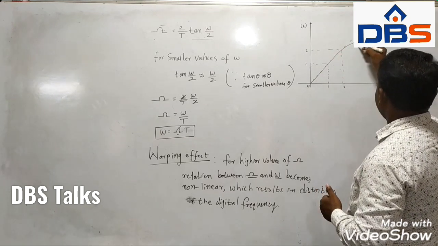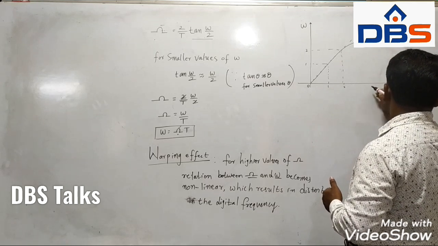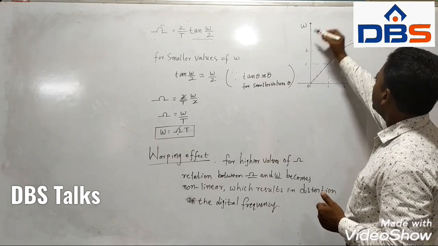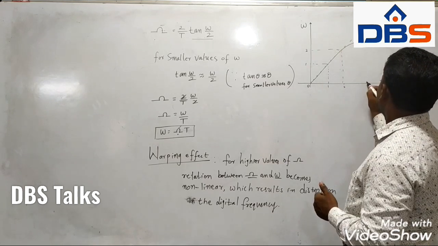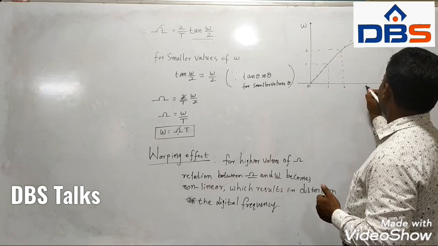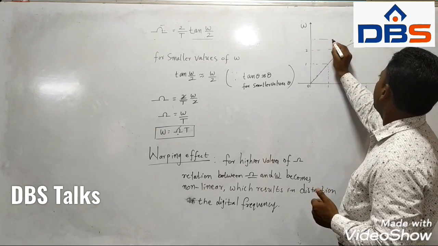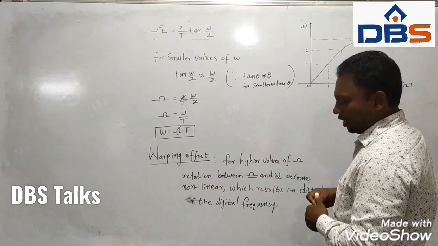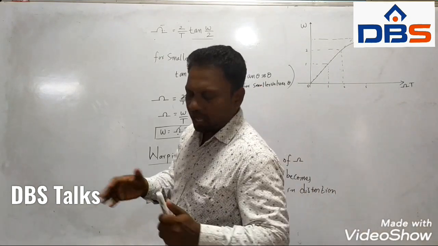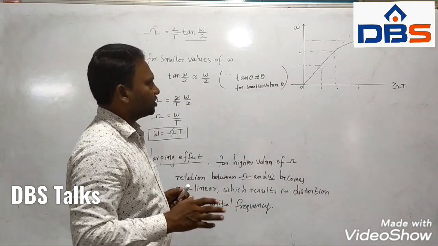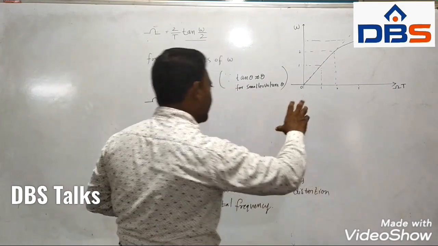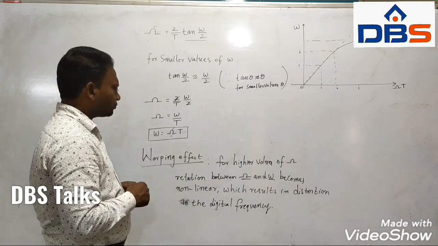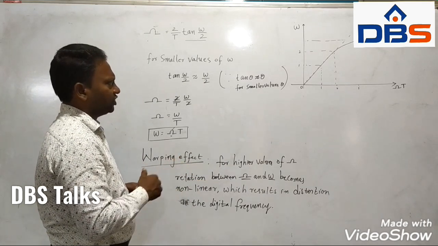Even if you increase to higher values of this analog frequency, there is not much increment. Further, if you go beyond that, there is a non-linearity mismatch, and that effect is called the warping effect for the digital domain.